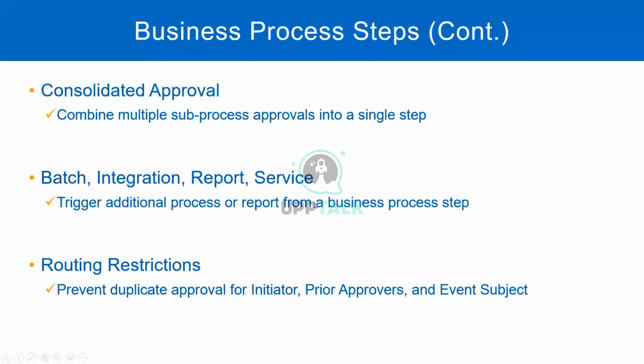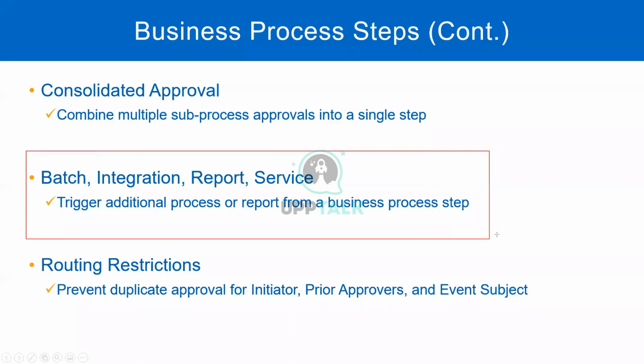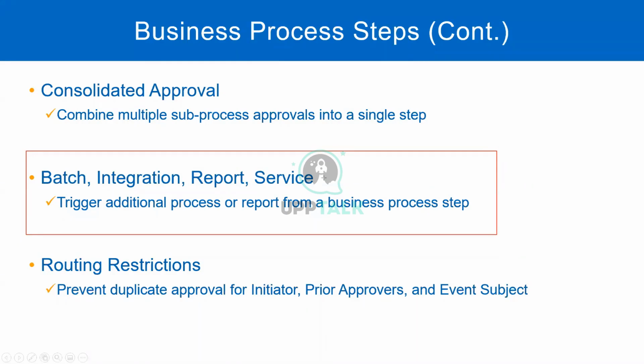There are some other types of tasks that we can also have from within a business process, like a batch, an integration, a report or a service. You can trigger all of these from within a business process. We will use this a lot when we are talking about integrations.